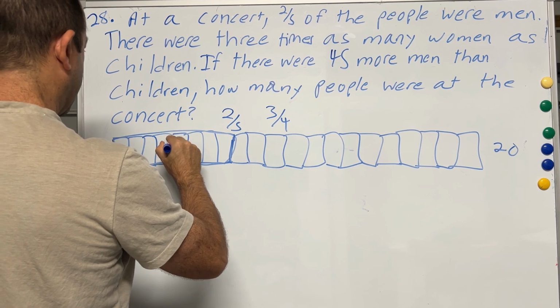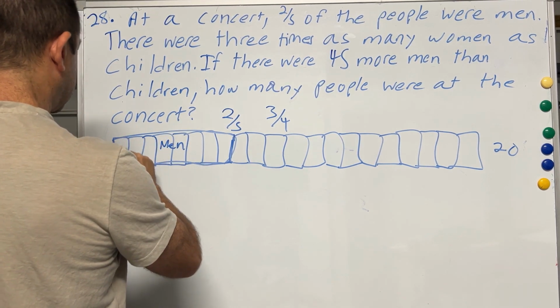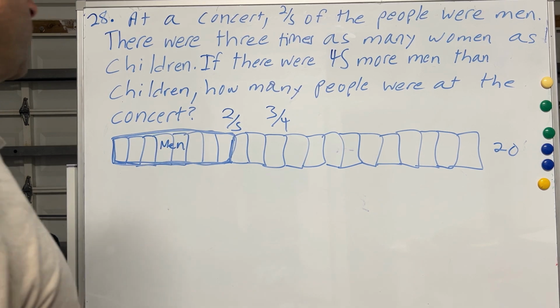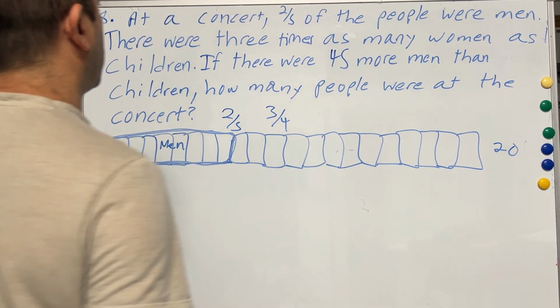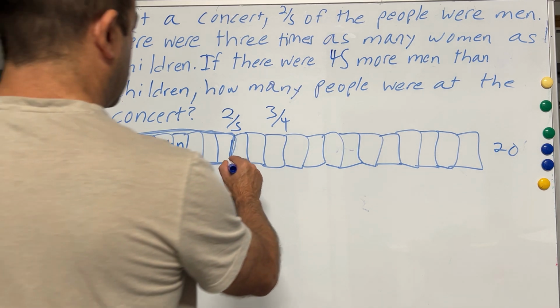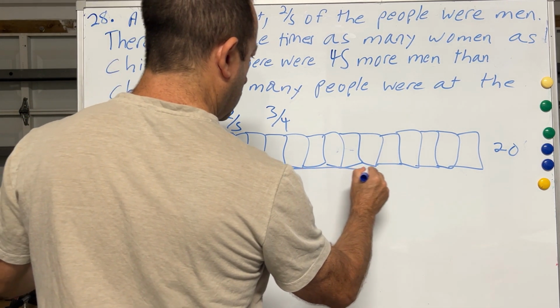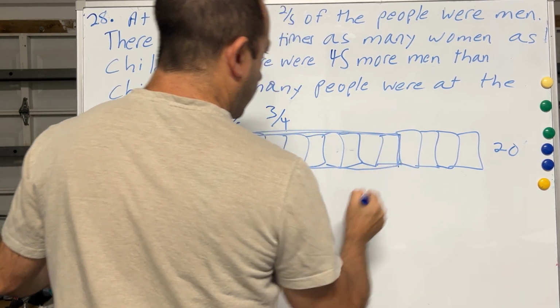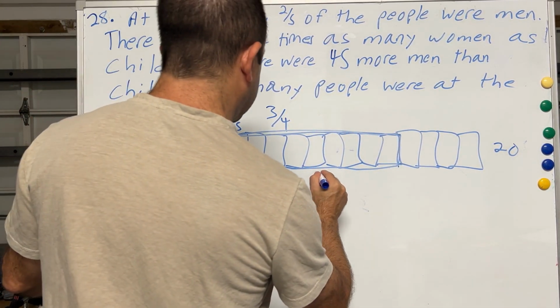And we've got our men in this box. Now, of the remainder, there are 12. We know that 3/4 of those remaining 12 are women. And 3/4 of 12 is 9.